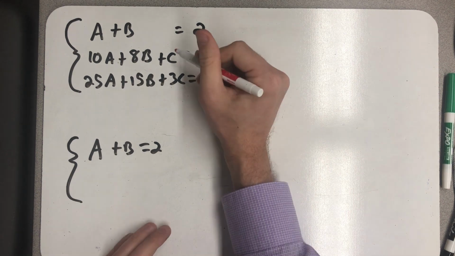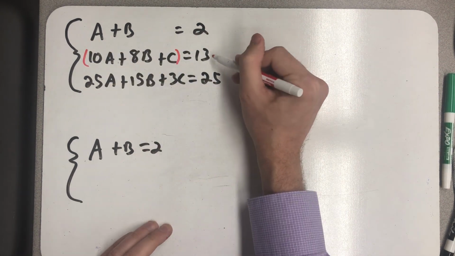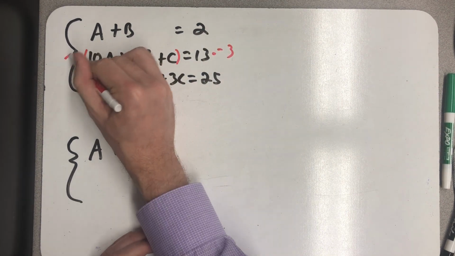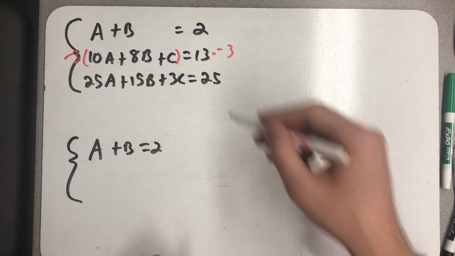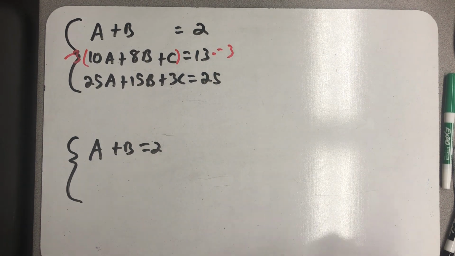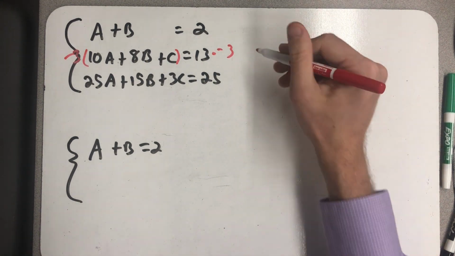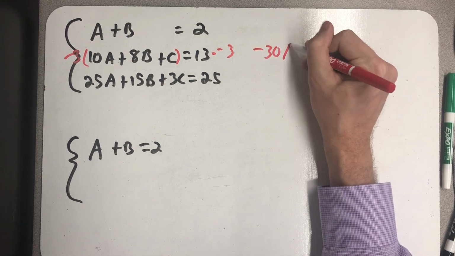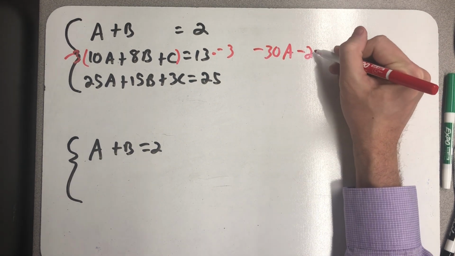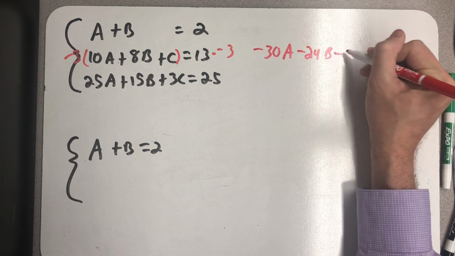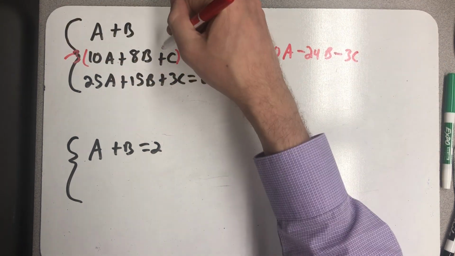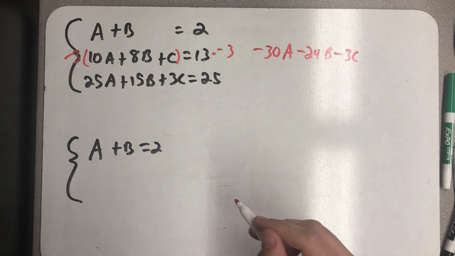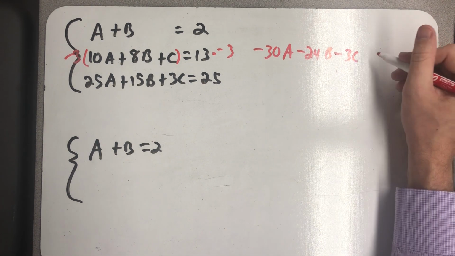So I'm going to multiply both sides of this second equation by minus 3. And that way when I add the equations, I'll eliminate the c's. So distribute a minus 3 through the left-hand side. 13 times minus 3 is minus 39.